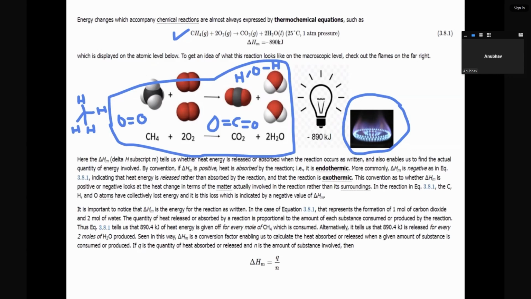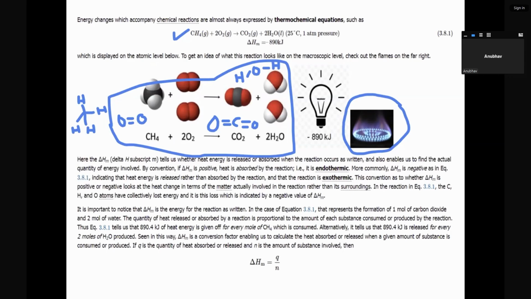So I guess you now have a clear idea about the sign convention, which is an endothermic reaction and which is an exothermic reaction, where delta Hm is positive or negative. It looks at the change in terms of the matter actually involved in the reaction rather than the surroundings.